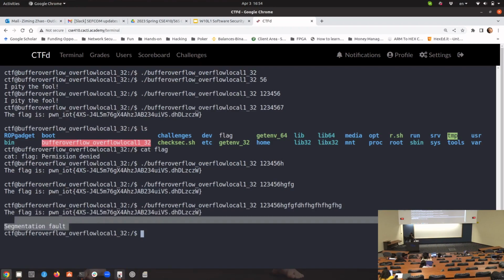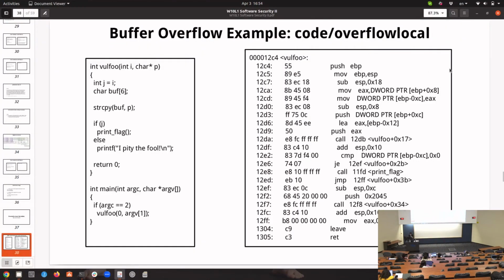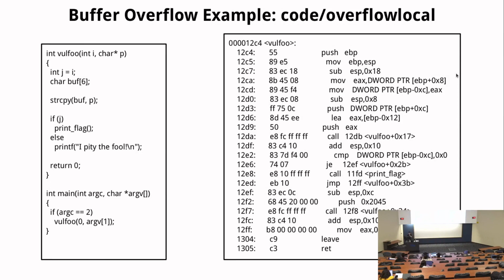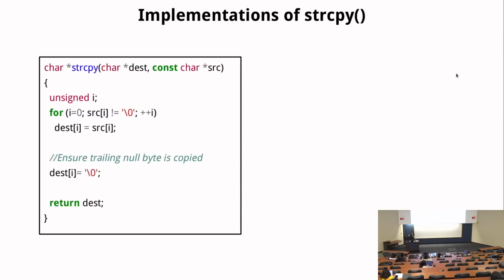Right. So let's spend a little bit more time on this one. First, let's look at the implementation of string copy. This string copy is a function which you'll never use anymore when you program. How it works is, this is one implementation of string copy. It takes 2 parameters. One is the destination, one is the source.